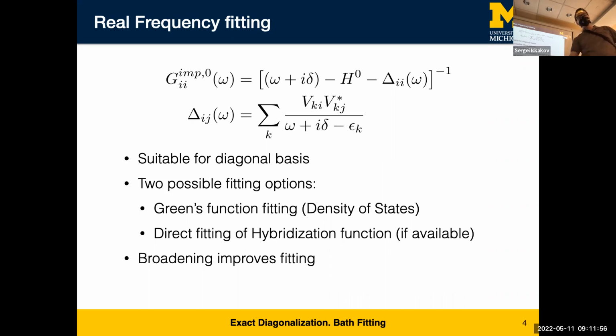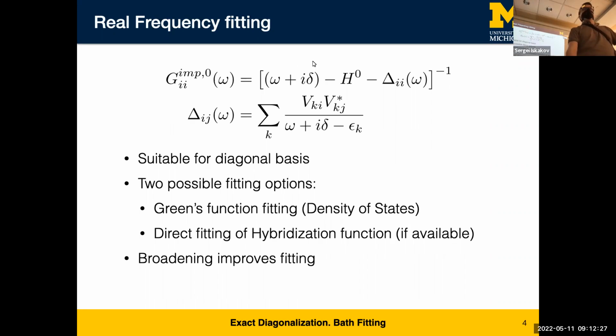So we have the non-interacting impurity Green's function, which basically looks like that. And sometimes from LDA, for example, we only have the density of states, which is the diagonal part of this function. It's the imaginary part of minus this thingy divided by pi.